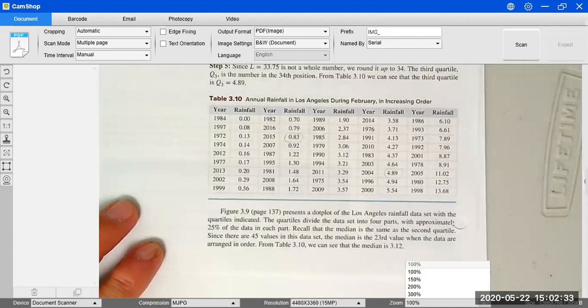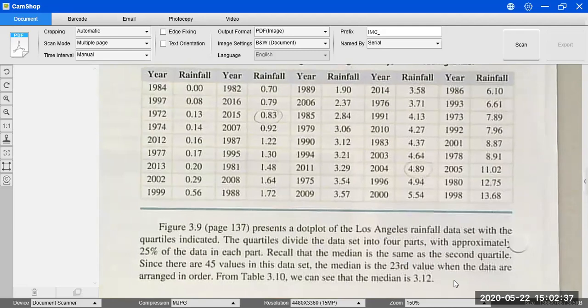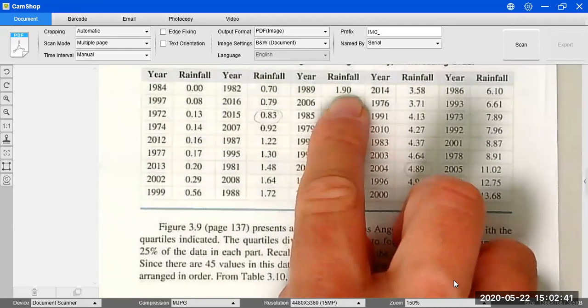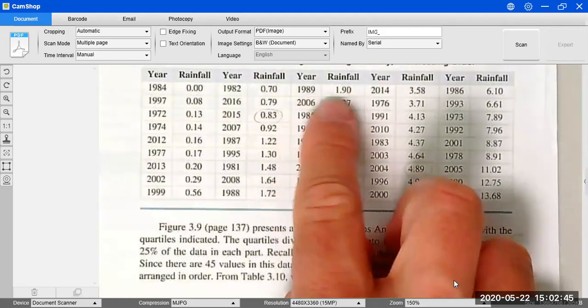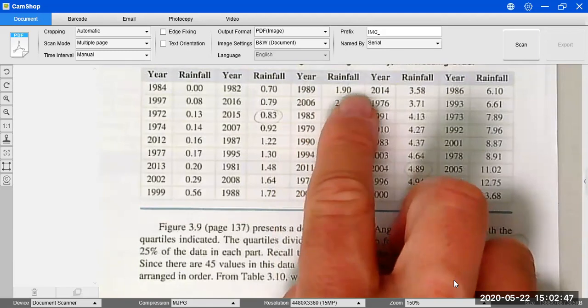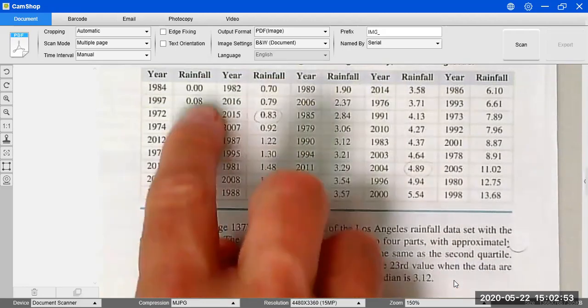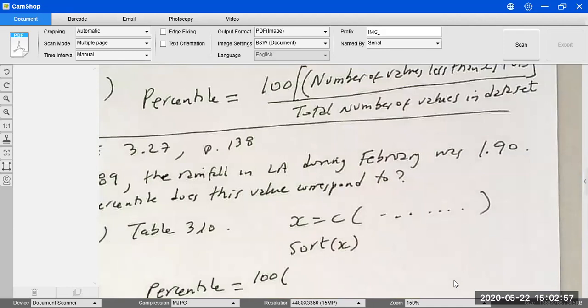So we need to count the number of values that are less than 1.90. So we find 1.90 here. It corresponds to 1989, as they say. So we count the values that are less than 1.90. So there are these 9 values and these 9 values. So in total 18 values that are less than 1.90.